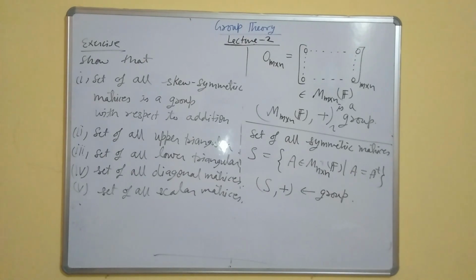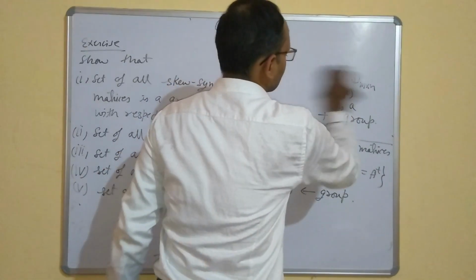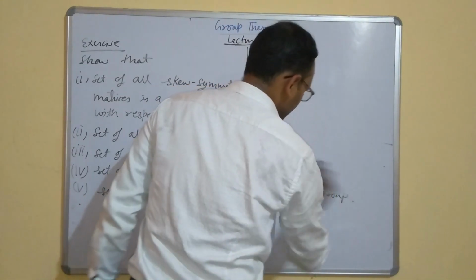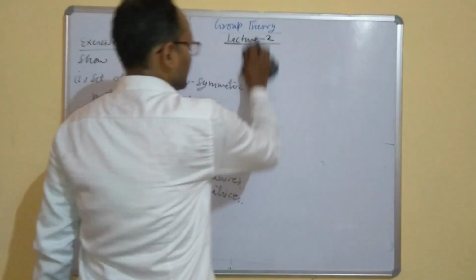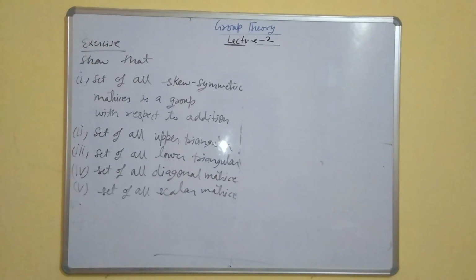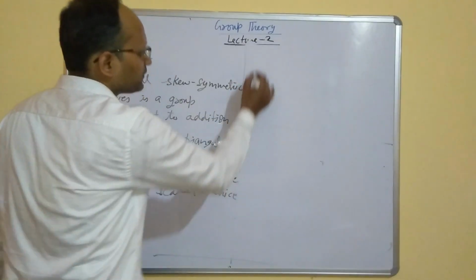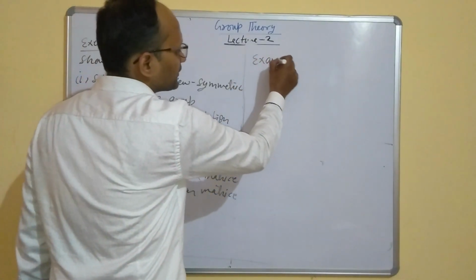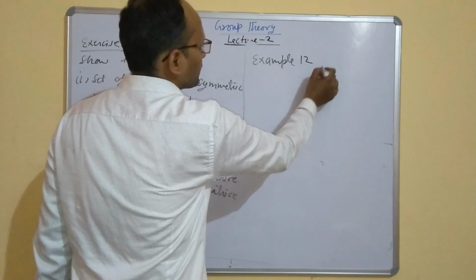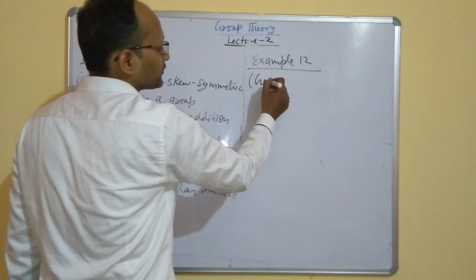Okay. Now we are coming to our next example, example number 12, and this is the general linear group.